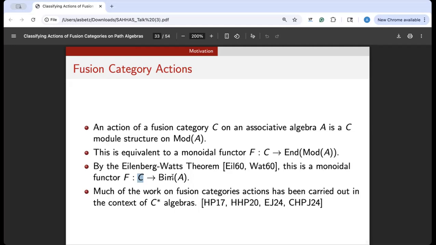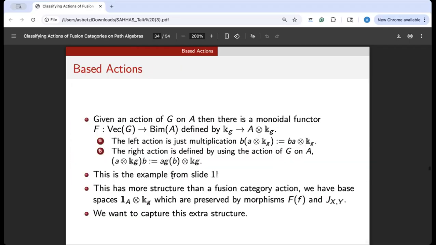And what I'm doing is putting extra structure on this to capture when this based action is a fusion category action, but I'm also throwing in a little bit more data. And that data is trying to capture when do group actions give you fusion category actions and when do fusion category actions give you group actions.